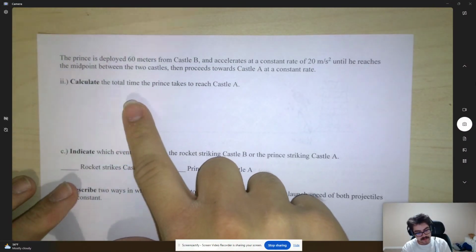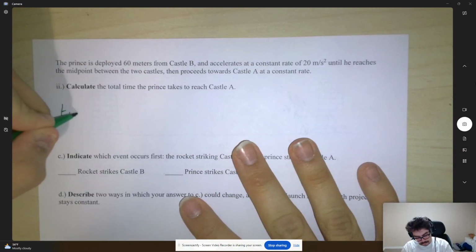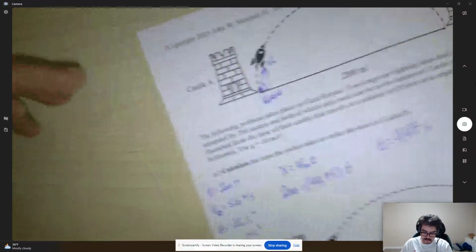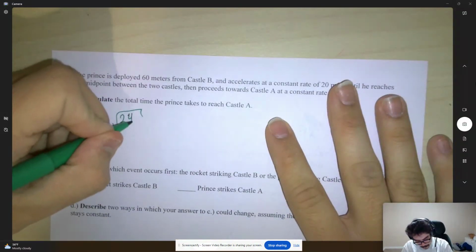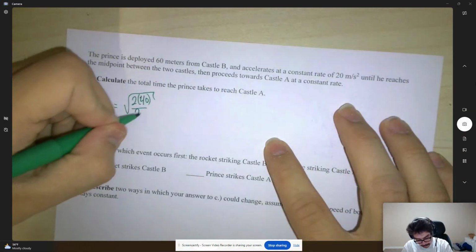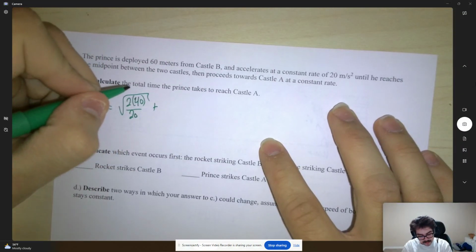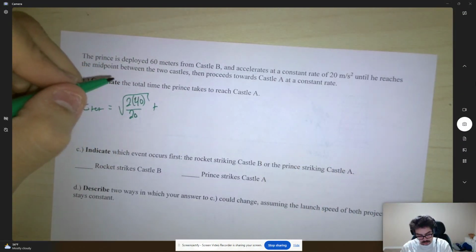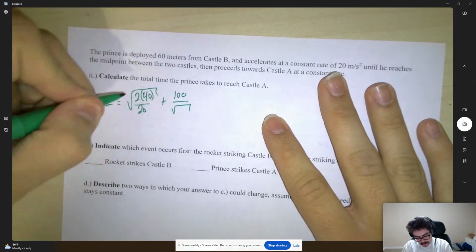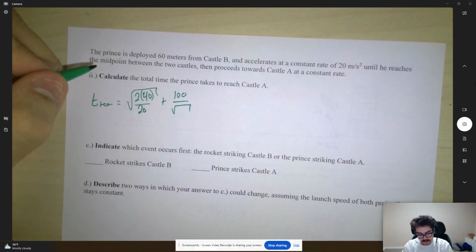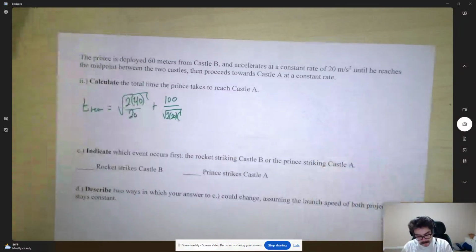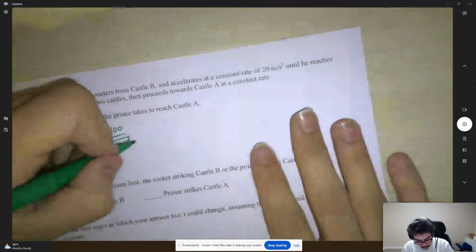So if I plug in my formula, total time is equal to root 2 delta x1, which we said earlier is 40, over acceleration, which is 20, plus delta x2, which we said was 100, over the square root of 2 times a times delta x1, 2 times 20, times delta x1, which we said was 40.